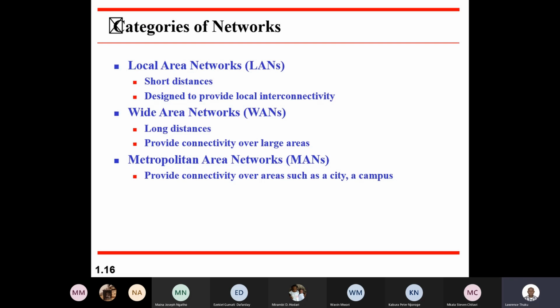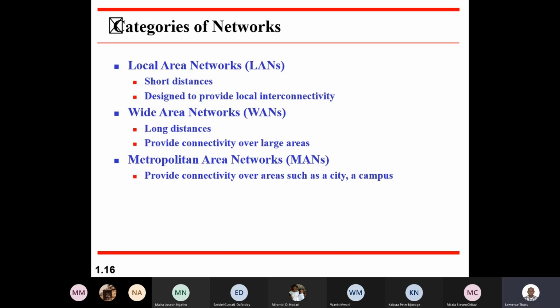And also, you have what we call the wide area network. So the wide area network here provides us with long distances. And of course, provides connectivity over large areas. So this, of course, is going to go beyond maybe the local environment, okay, beyond the country, for example, beyond maybe the region that you're talking about in this case. So it's a wide area network.